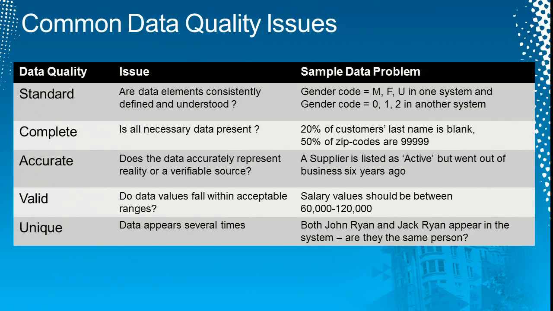I have zip codes that are not missing but are completely invalid. I have duplications in my data. I have a Jack Ryan and a John Ryan and John Ryan Jr., all supposedly representing the same person, and I have 3 copies of the same data. Are there duplicates? Are they unique? How do I know?